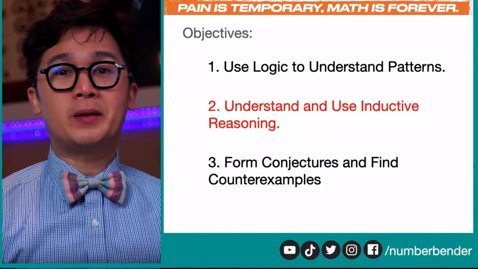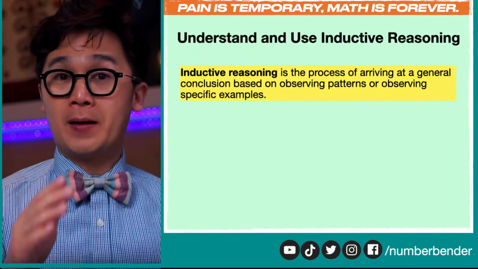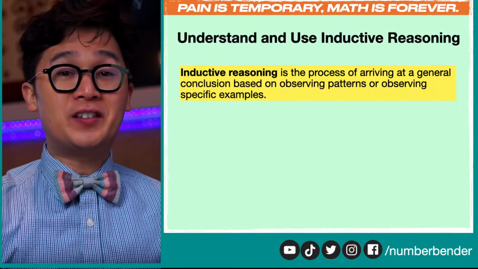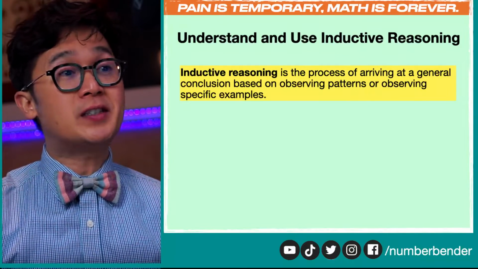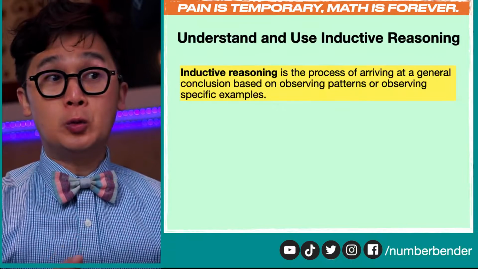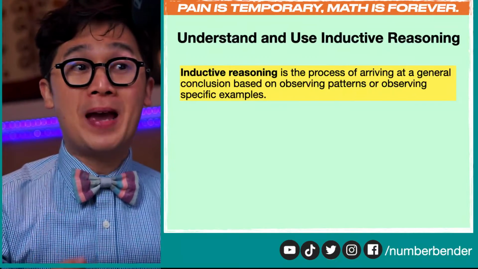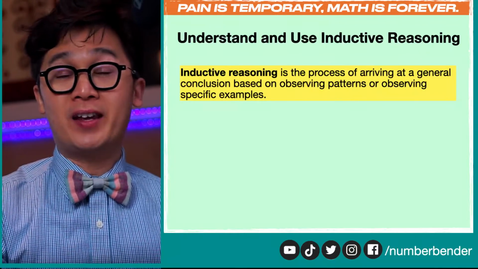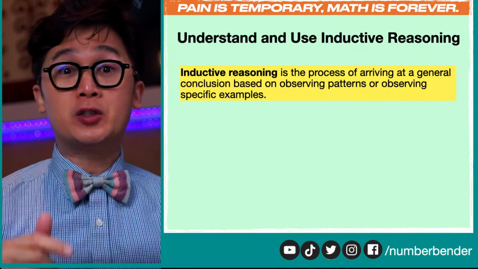So the next one would be understanding the use of inductive reasoning, big word, inductive reasoning, to be able to understand numerical patterns. Inductive reasoning, by definition, is the process of arriving at a general conclusion based on observing patterns or specific examples, which seems like what we just did on the previous two examples.